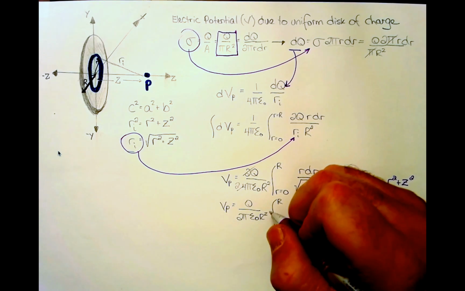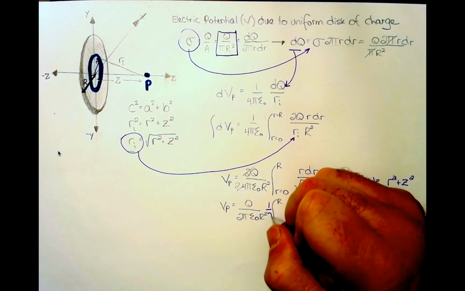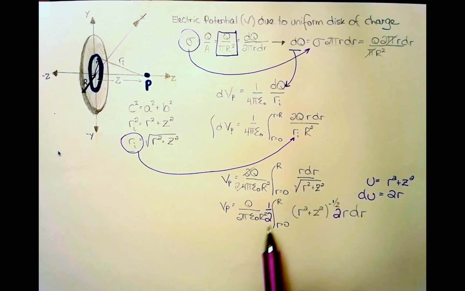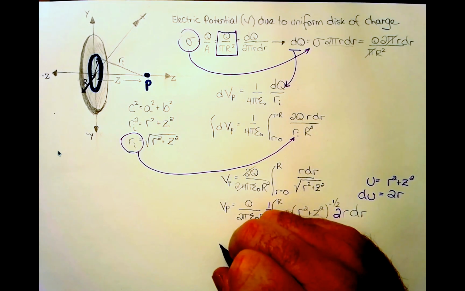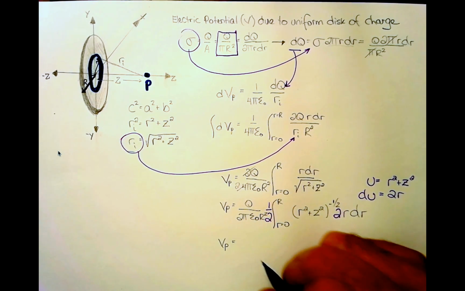So I'm going to account for that by putting a 1/2 in here. So really, I'm not changing the value of the expression. I've put in a 1/2 here and a 2. That's 1.